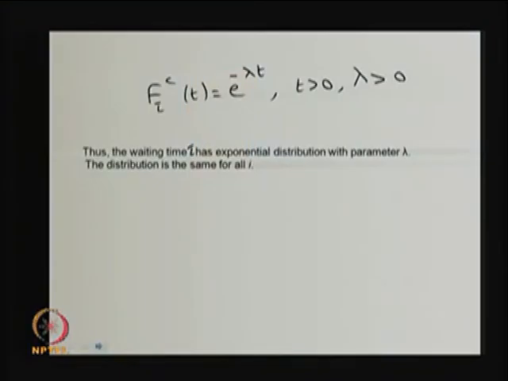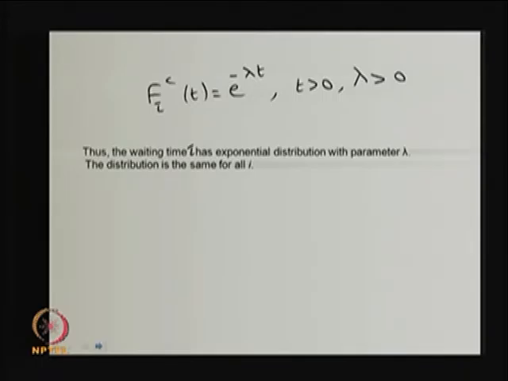So, we can conclude that the time the system stays in the state i is exponentially distributed. That is a continuous random variable with exponential distribution with parameter lambda.